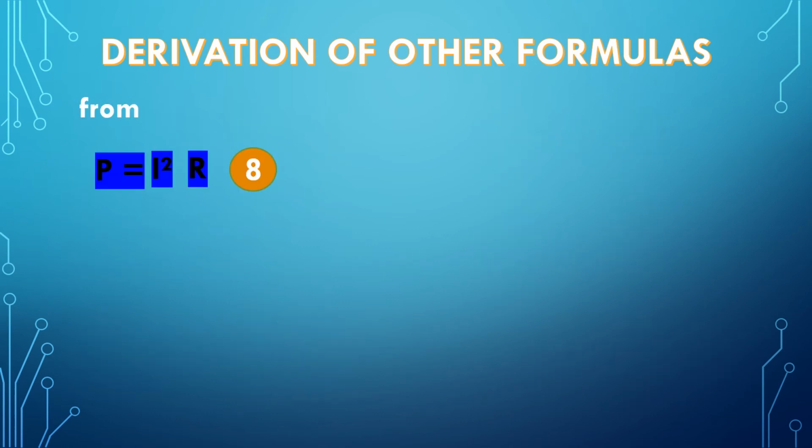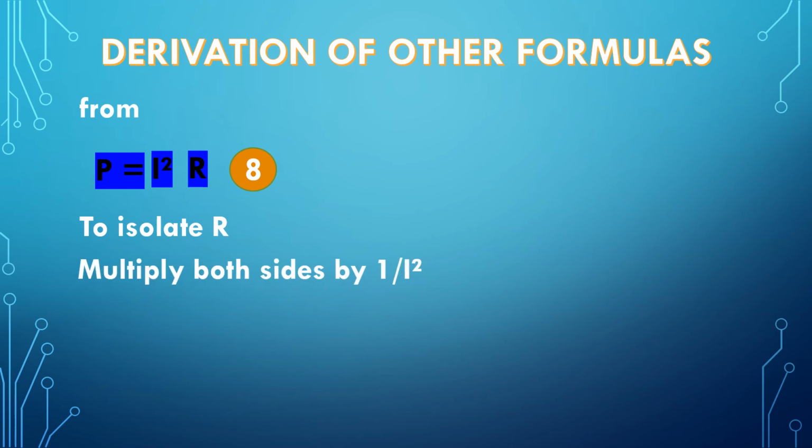Also, from equation number 8 or formula number 8, we have P is equals to I squared R. Here we want to isolate R. We want also to solve for another equation for R. We multiply both sides by 1 over I squared. Here P is equals to I squared R multiplied in the right side by 1 over I squared.